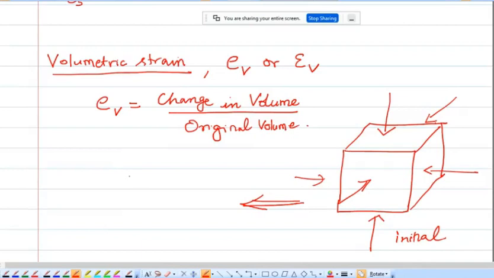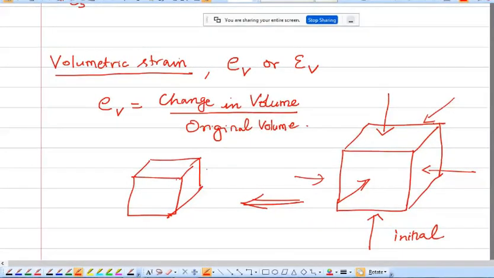From this initial position, your body changes to this final position. Since you are subjecting it to a compressive force, the length of the sides decreases. So the volume decreases by delta V.